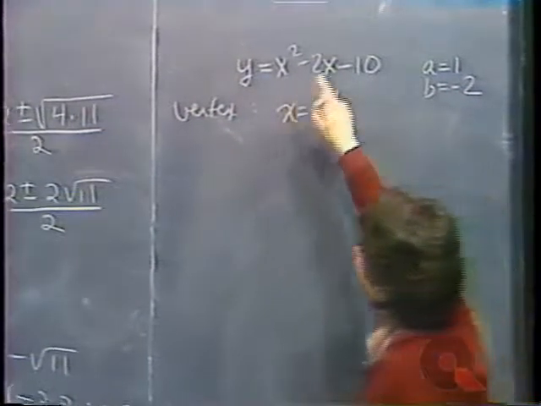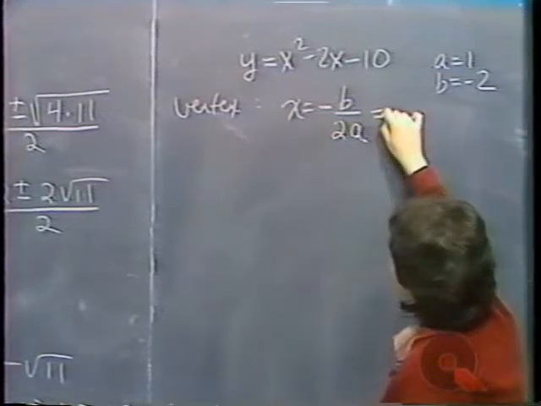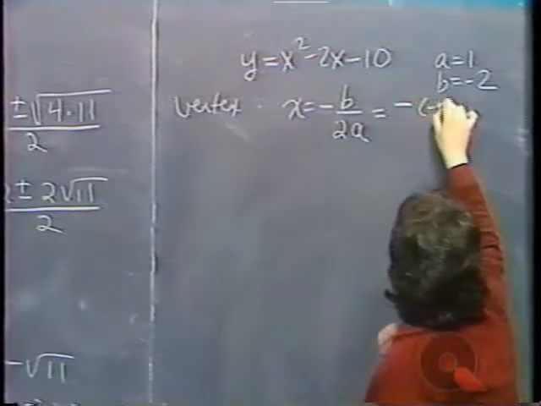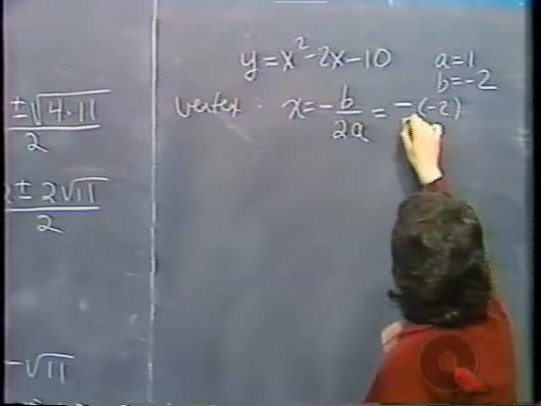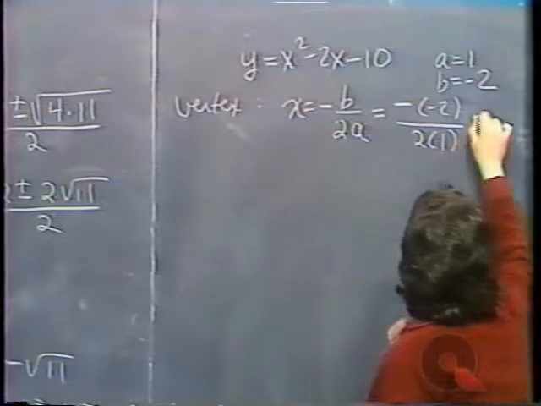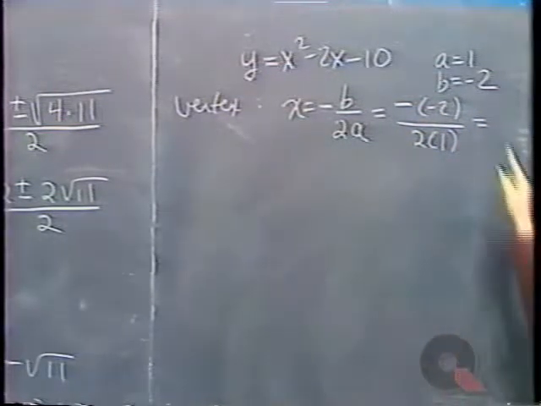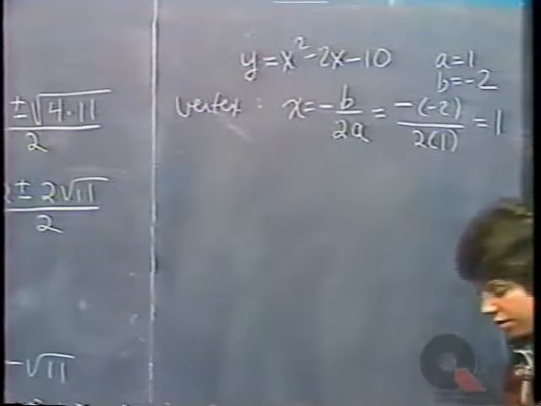Okay? It's ax squared plus bx plus c. So we get that the x-coordinate of the vertex is minus b over 2 times a. Minus minus 2, that's 2 over 2, which is 1.